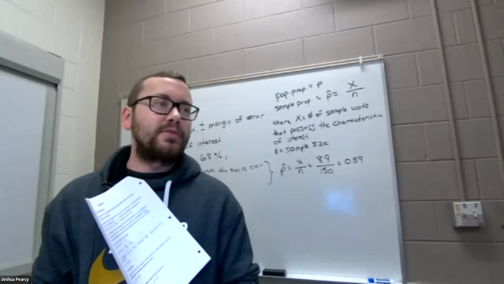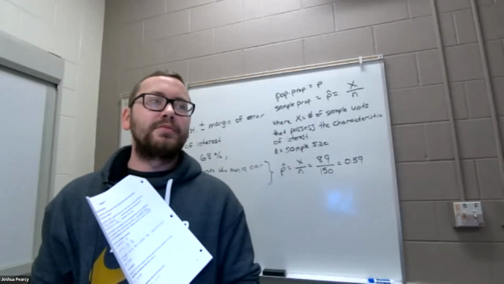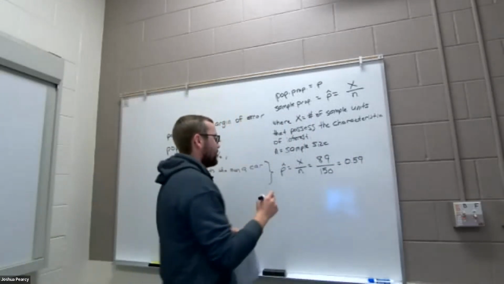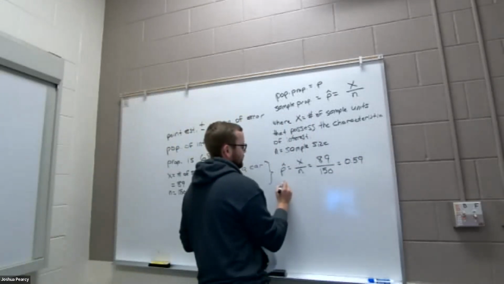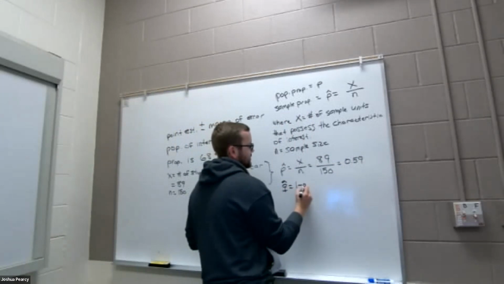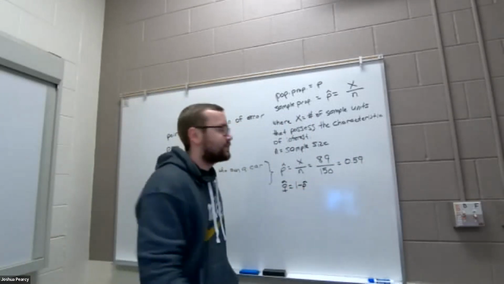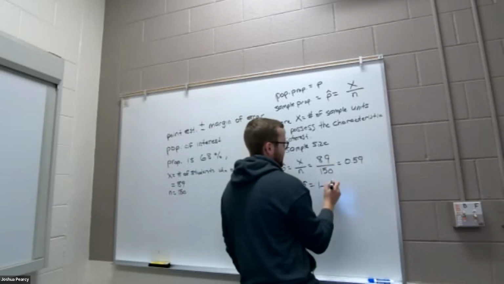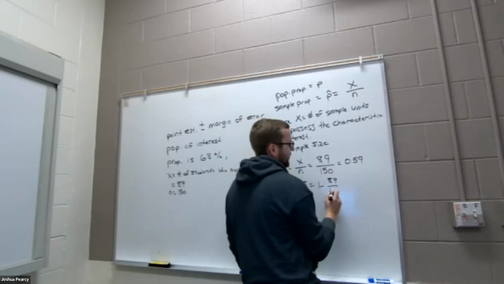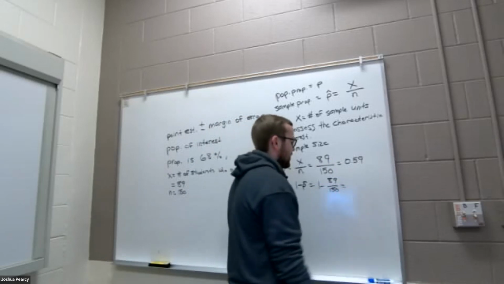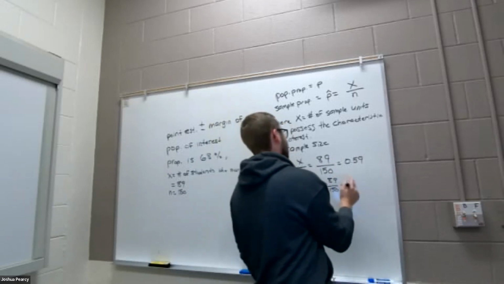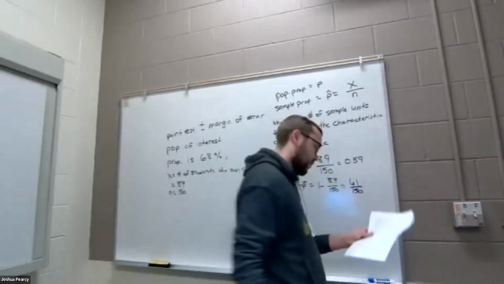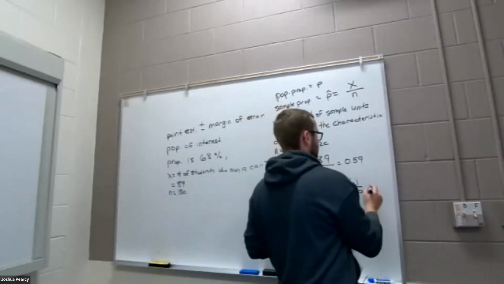If you own a car, then obviously it's the opposite of not owning a car. So then how can you find what we call Q hat? Just 1 minus P hat. And that would be equal to 1 minus 89 over 150. If you want to be in fractions, that is 61 over 150, or in decimal form 0.41.